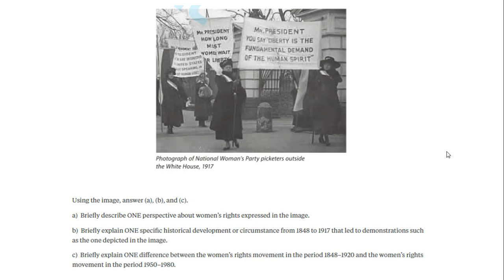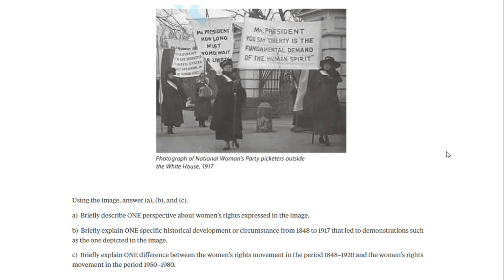Okay, but again, you would want to pick one of those and describe that perspective, making sure you relate it to the image, connect it back to what's going on in this photograph or what the political cartoonist is depicting if it were a political cartoon. And then you can see part B is talking about causation.